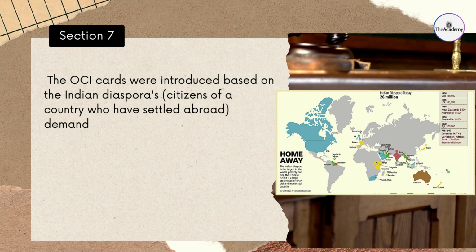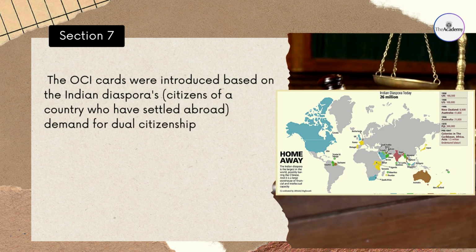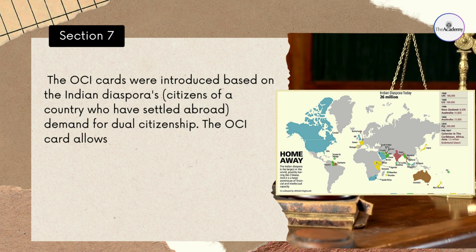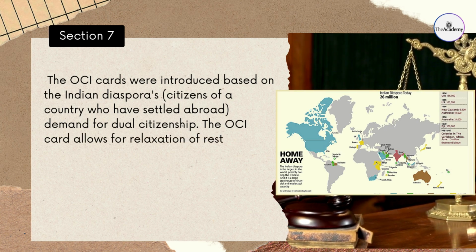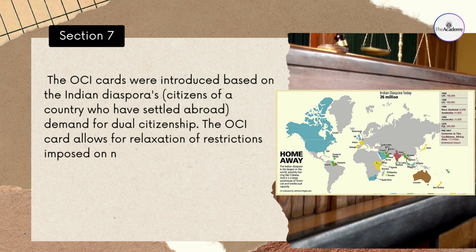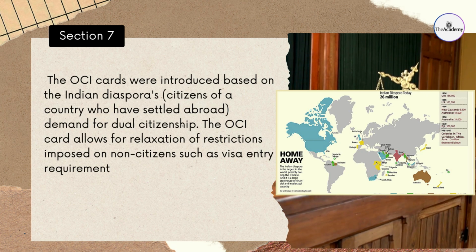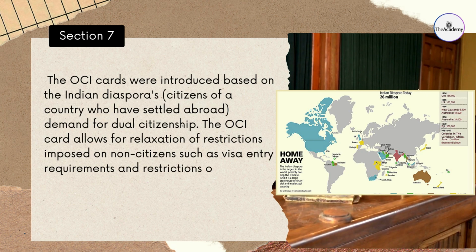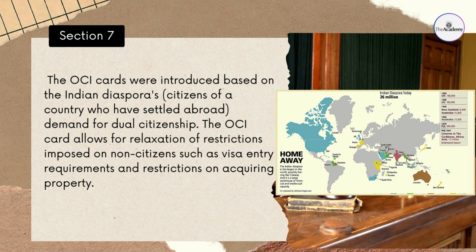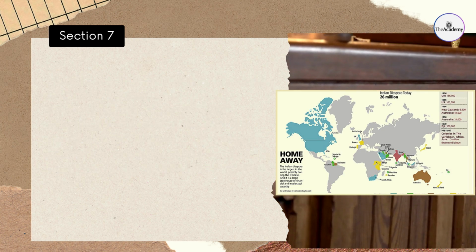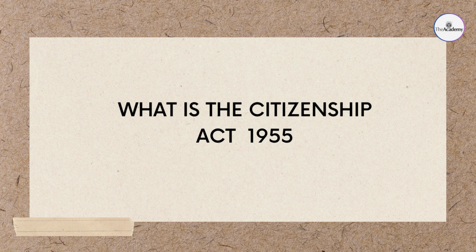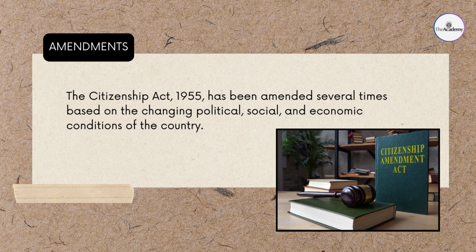The Indian diaspora are citizens of India who have settled abroad. Now, the OCI card allows for relaxation of restrictions imposed on non-citizens such as visa entry requirements and restrictions on acquiring property. So this together constitutes the Citizenship Act 1955.